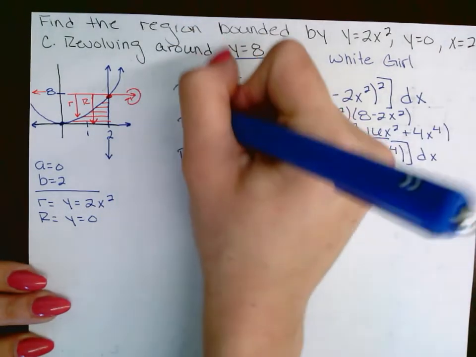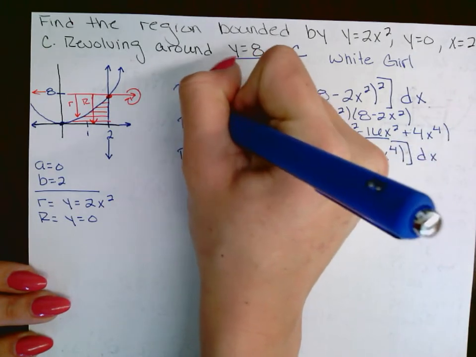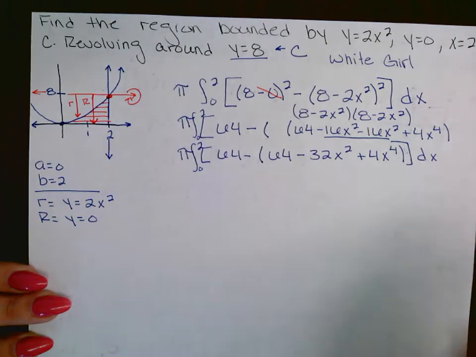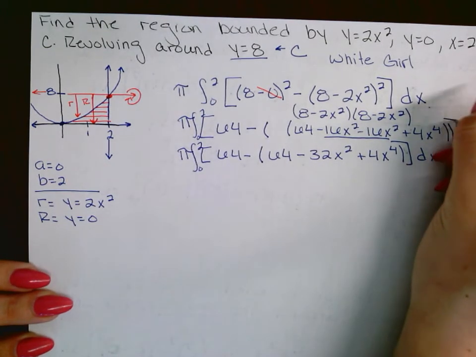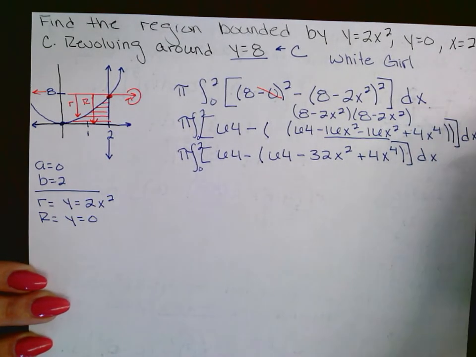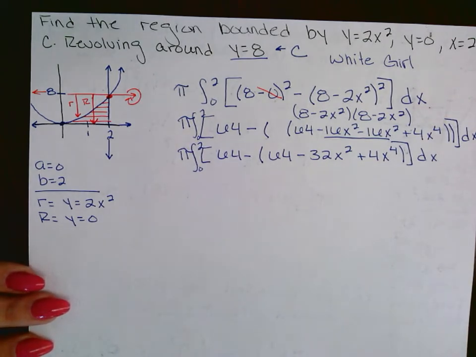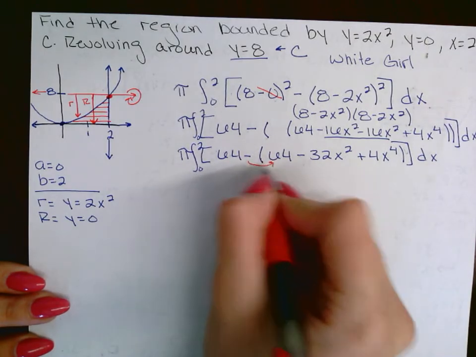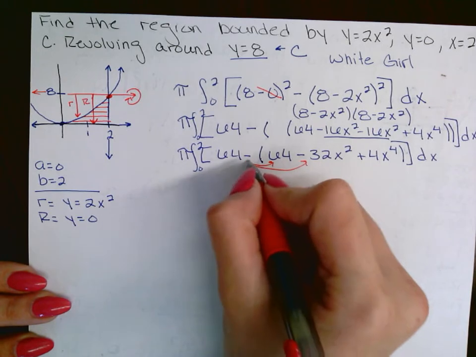My students just made me realize that I forgot to keep writing my integral sign. I have not done the antiderivative yet, okay? So now at this point, one of the most common mistakes that happens on the AP test is forgetting this parenthesis, so people forget to distribute this negative all the way through, okay?